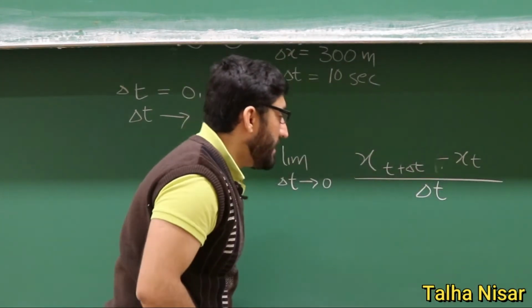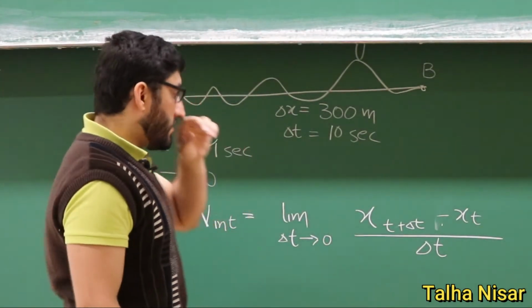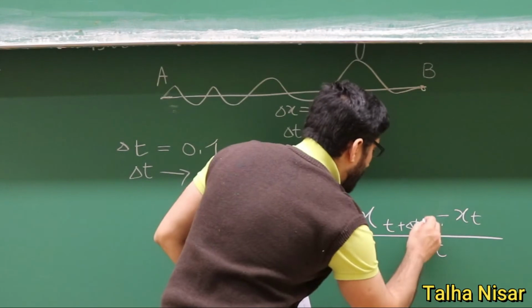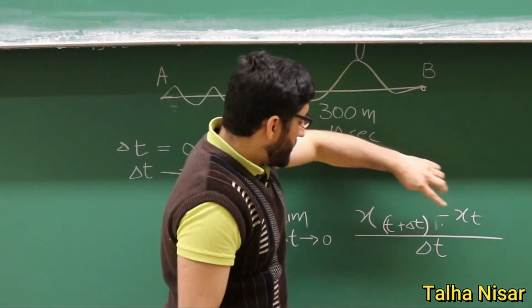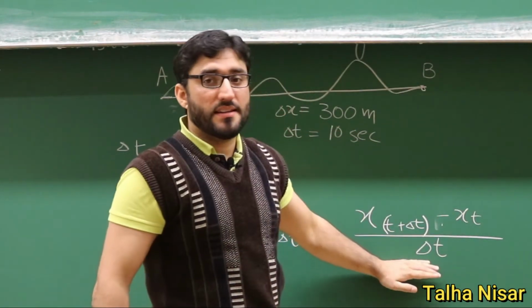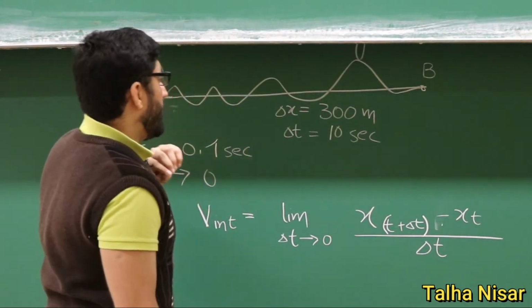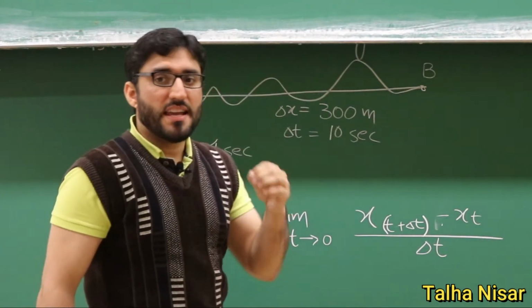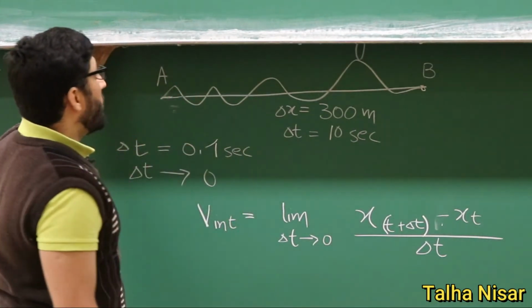What it means is the same equation as we discussed for the average velocity, the final position minus the initial position divided by the time it takes. But now we are interested in the velocity at each and every moment in time.